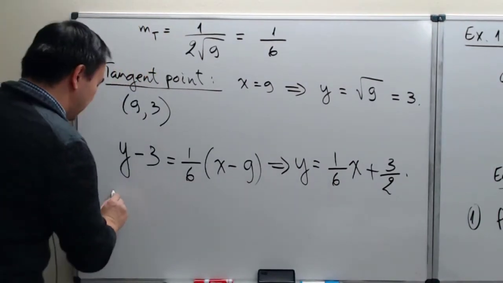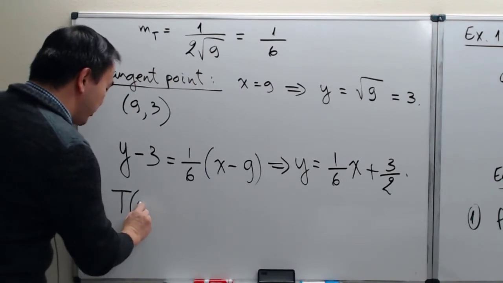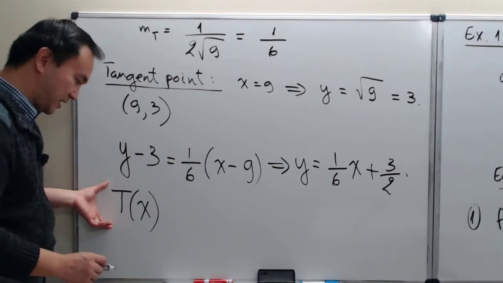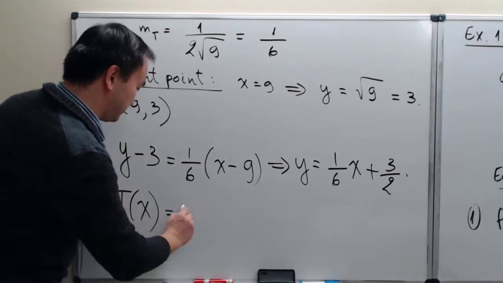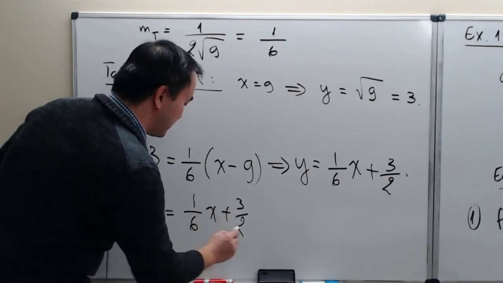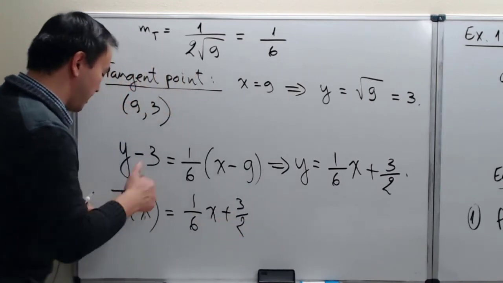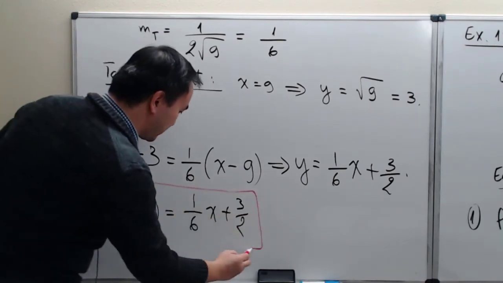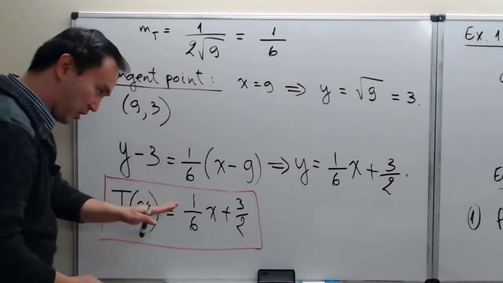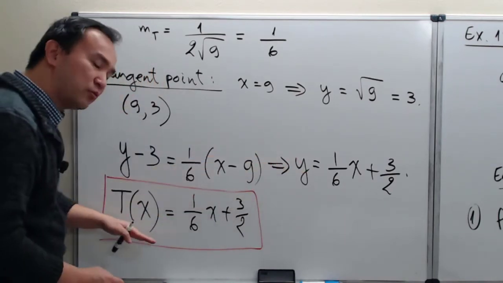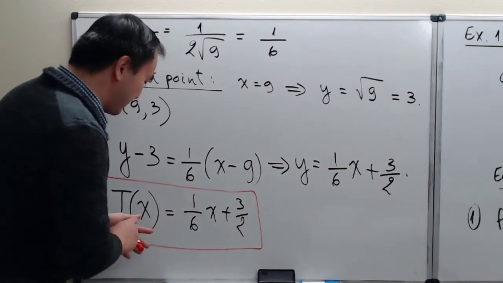And so now we can start writing that as some function T of x. Think of this as a tangent function, a linear function T of x equals 1/6 x plus 3 halves. Again, I just need to remind you, I have mentioned this before, but this T of x was our equation of the tangent line, but now we purposely regard it as a linear function.